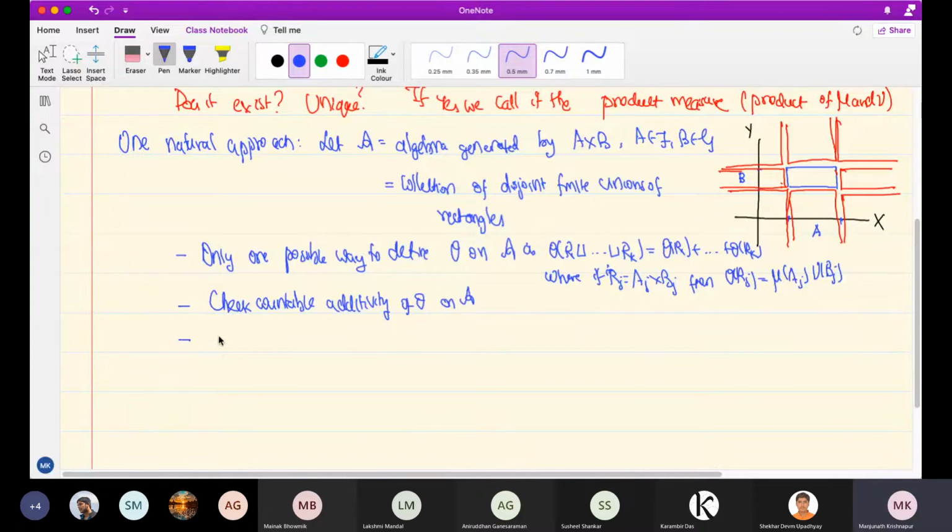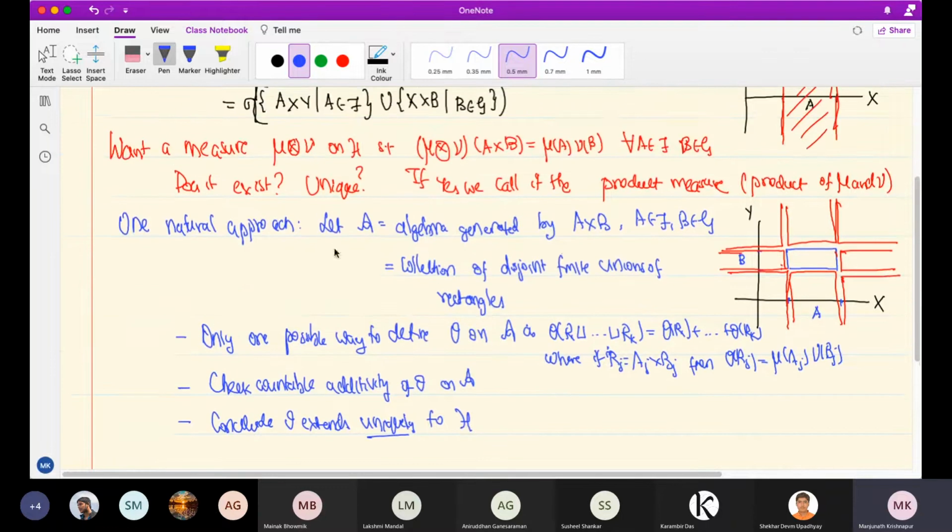Okay, so conclude: theta extends uniquely to the sigma algebra H. It is unique because H is generated by the algebra, and on the algebra there is no choice. So if there are two possible measures, they have to agree on the algebra A, not just on rectangles but on the entire algebra. Therefore, they have to agree on the sigma algebra. So this would be one natural approach.